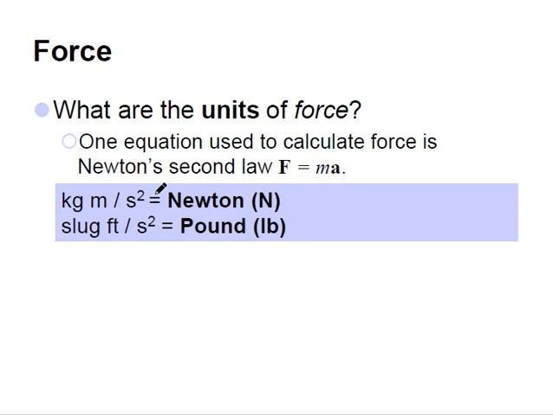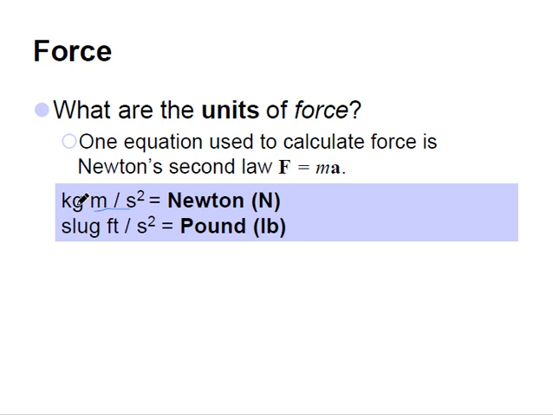So this is in the SI system. You want to have the unit of force, and we call this Newton, and that's kilogram meter per second squared. Since you're dealing with acceleration, that is meter per second squared, and then your location, which is your meter distance, and then your mass is in kilograms.